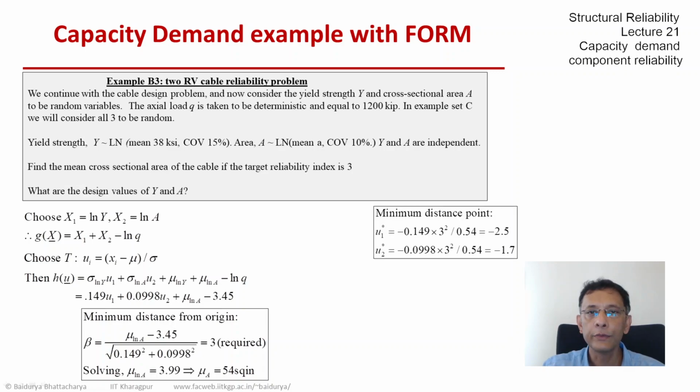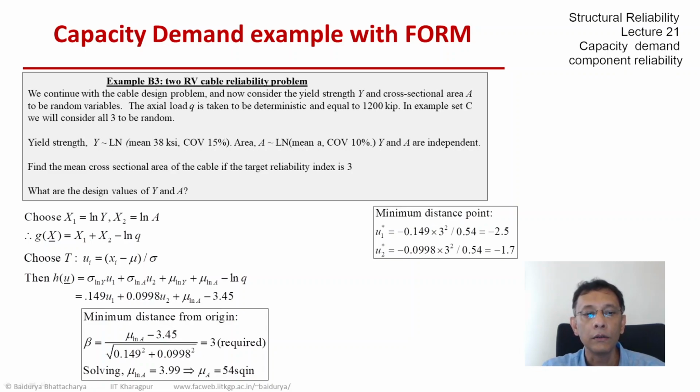Now let us, as we have been doing, find the checking point values, the most likely points, and here something interesting happens. The problem identifies both Y and A as strength type variables, because clearly we see that the checking point for both of them are in the lower end of the distribution.